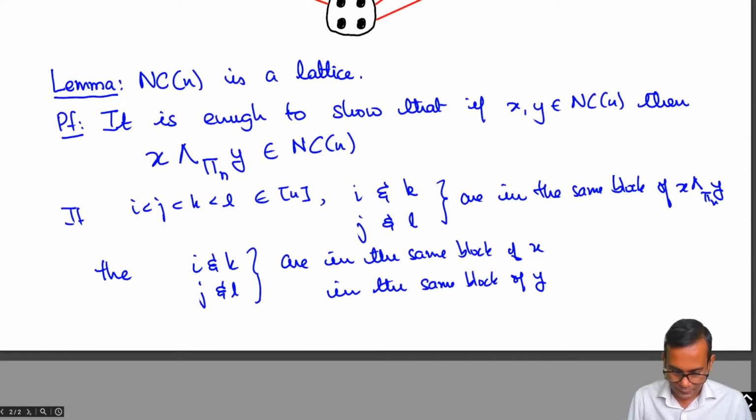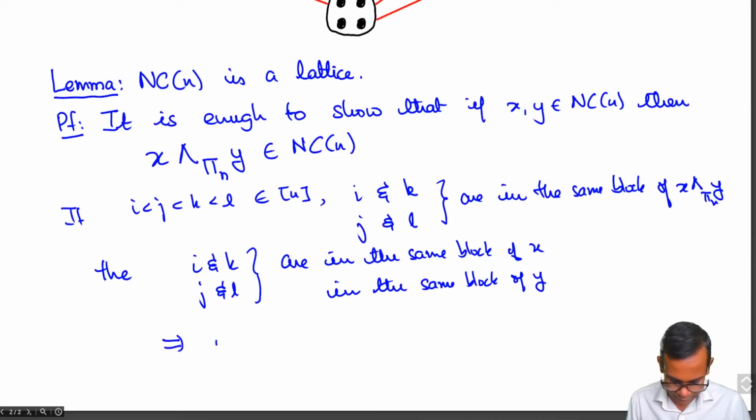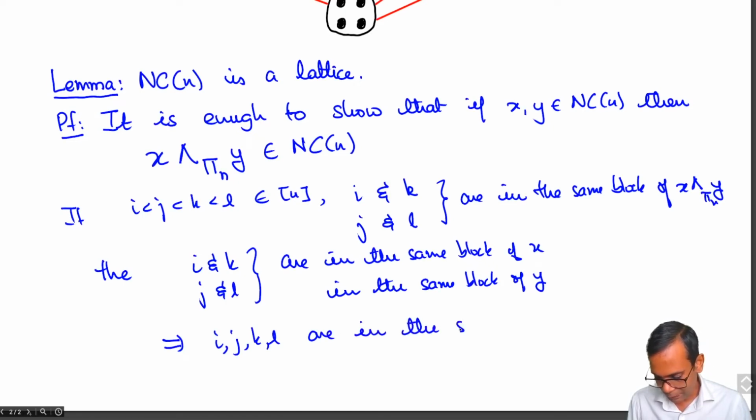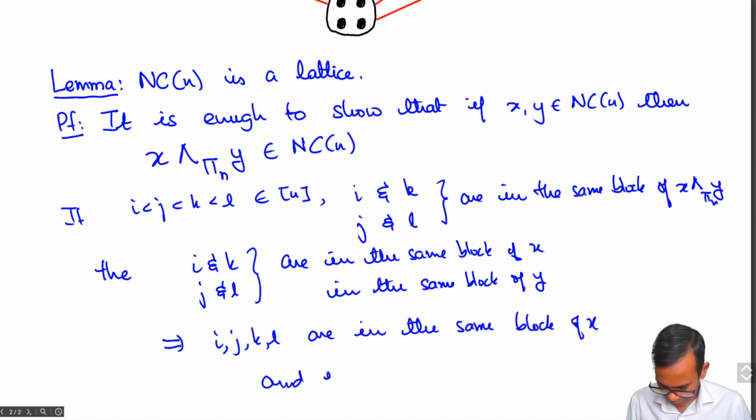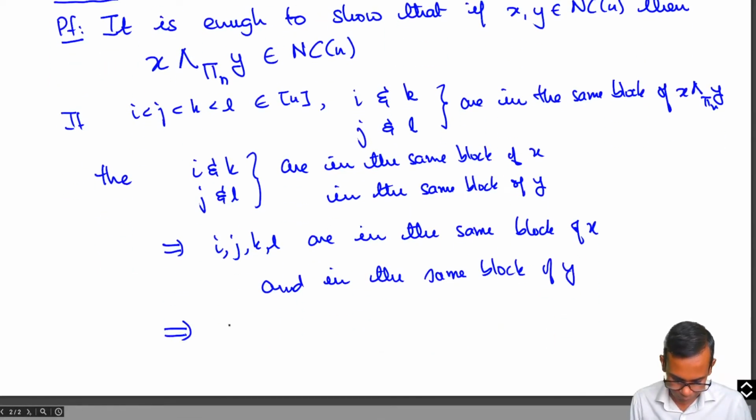Which means, since x and y are non-crossing partitions, that i, j, k, l are all in the same block of x and all in the same block of y. Which means that they are in the same block of the meet.